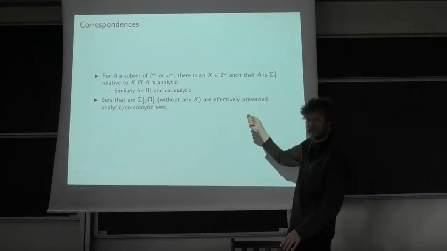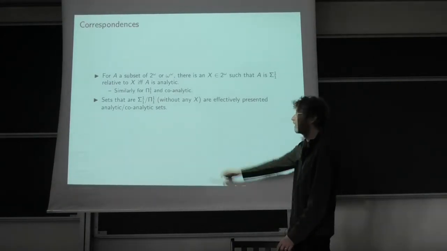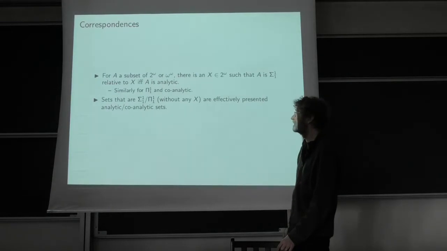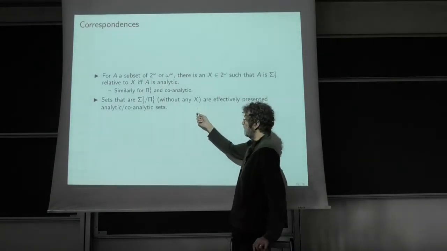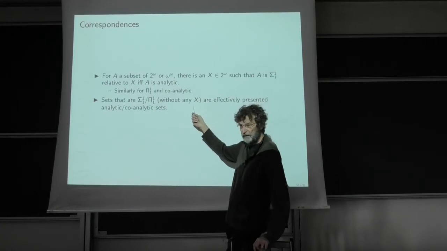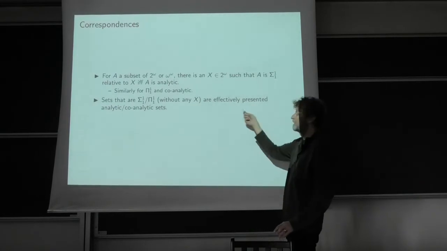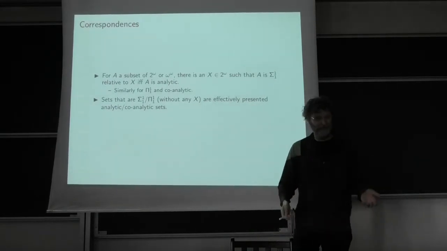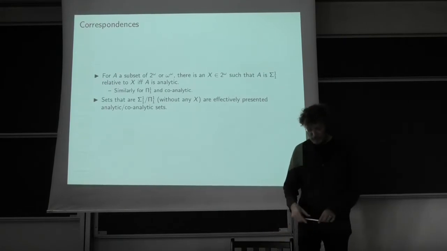So it's a syntactic representation of the class of analytic sets. Similarly for pi 1, 1 and co-analytic. And if you don't have any real parameter, any external data to supply to the definition, then those sets, we say, are effectively presented. They're real concrete versions of analytic and co-analytic sets.